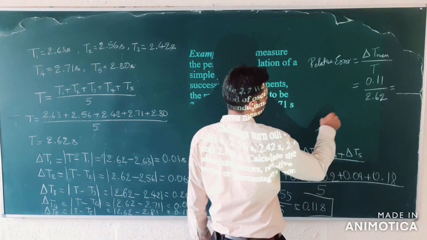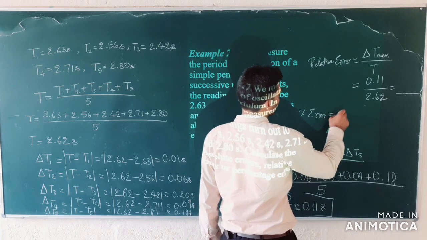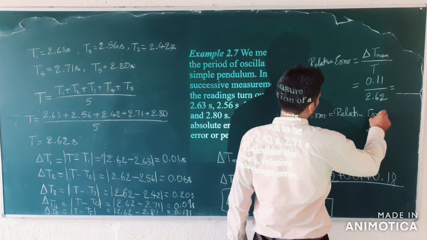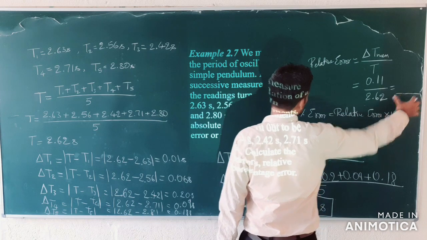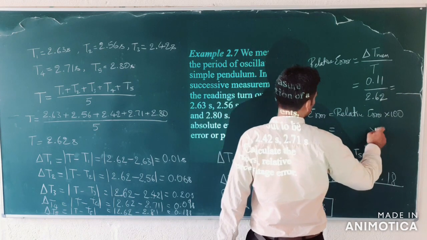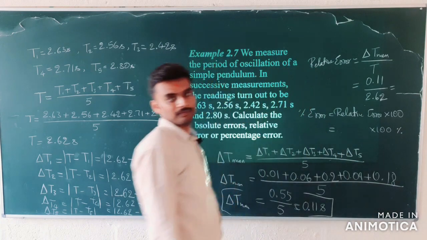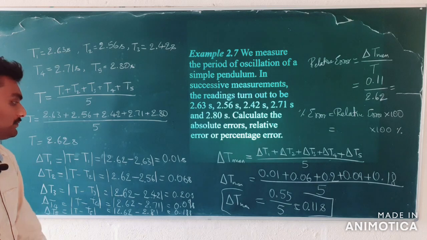And the percentage error is very simple. Percentage error is equal to relative error times 100. So you multiply the relative error with 100 and express it in percentage, that's it.